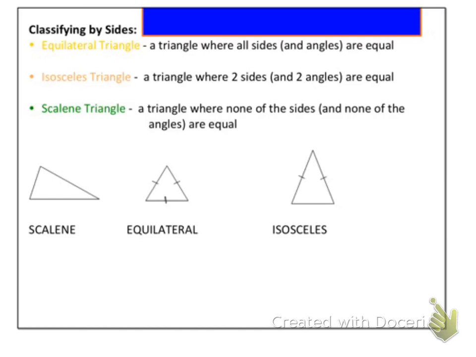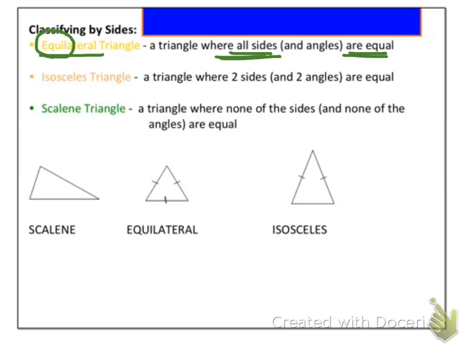Okay, next you can also classify triangles by side lengths. Okay, 3 different types of triangles here. First, you have the equilateral triangle. Equilateral pretty much has the word equal in it. So it's a triangle where all sides and angles are equal. Okay, all of them.